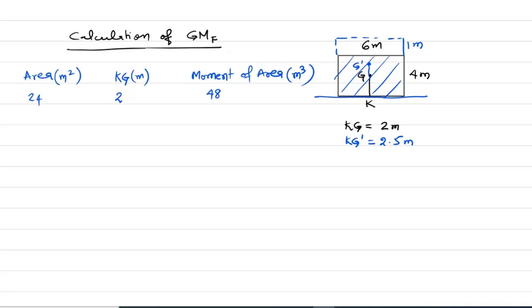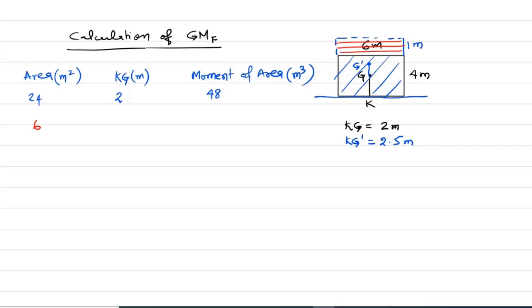Now what we have done, we have added something, and the addition, let me mark with this red color. This area is 6. And what is the center of gravity?